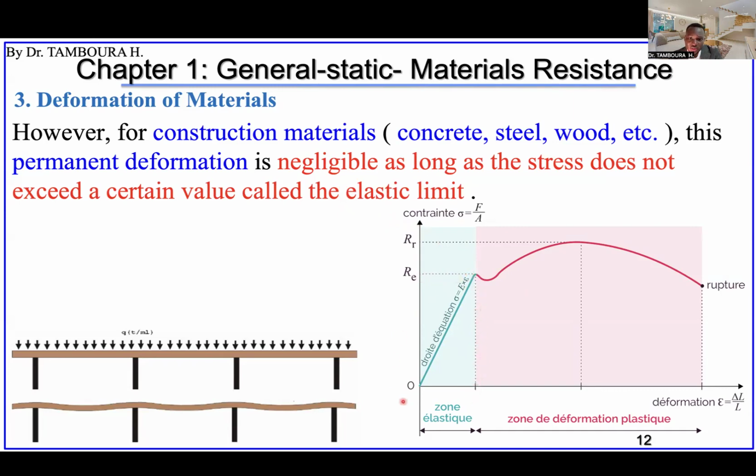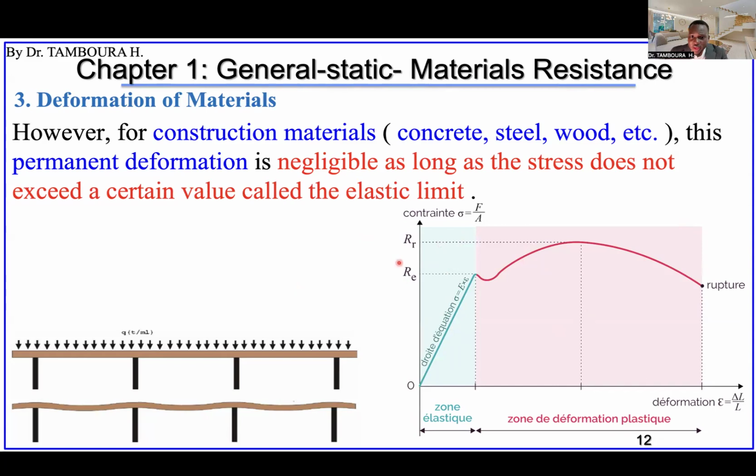As long as you stay in this zone, you can neglect the permanent deformation. That's why for any construction project, you need to stay in this zone for all materials. So we need to know our material, because this curve is different for each material.